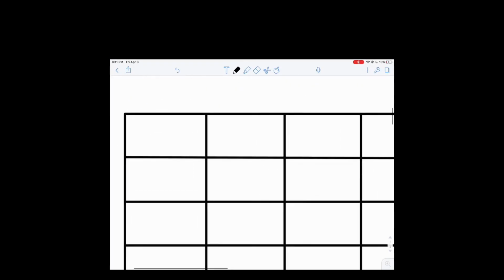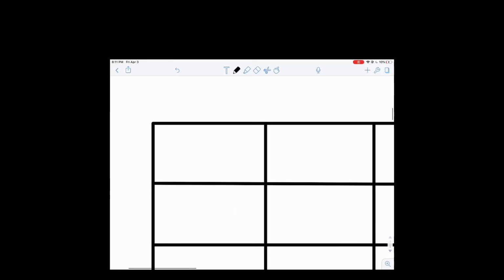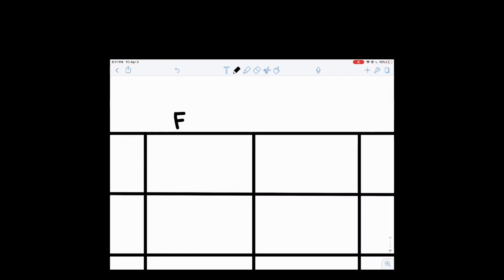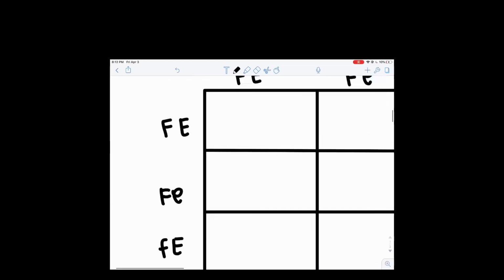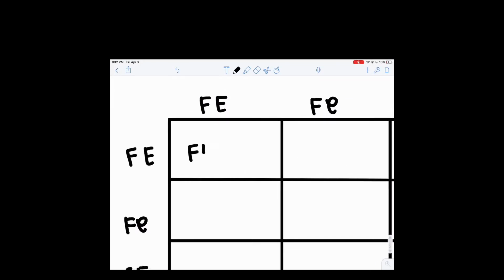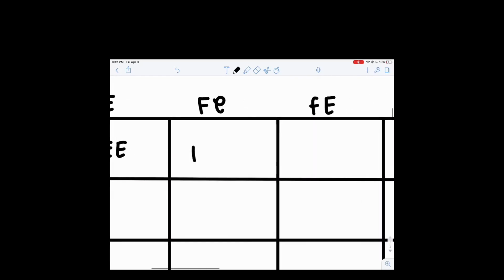So now that we know where the letters need to go, we can set up our Punnett square and our dihybrid cross. Now that our Punnett square is set up, we can start crossing the two genotypes of the cats.